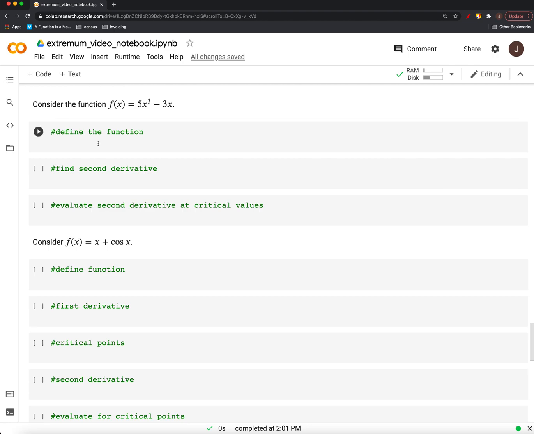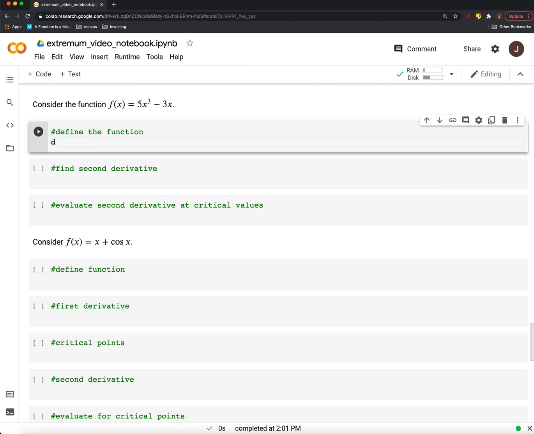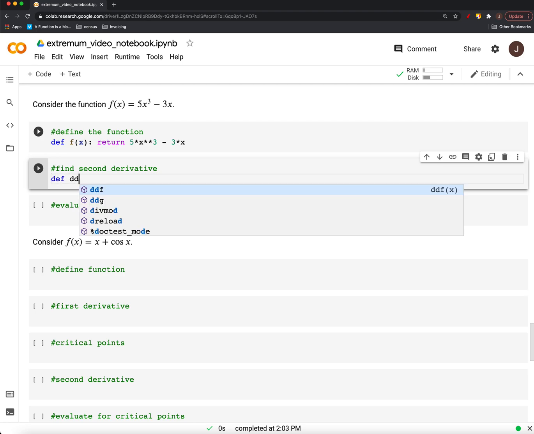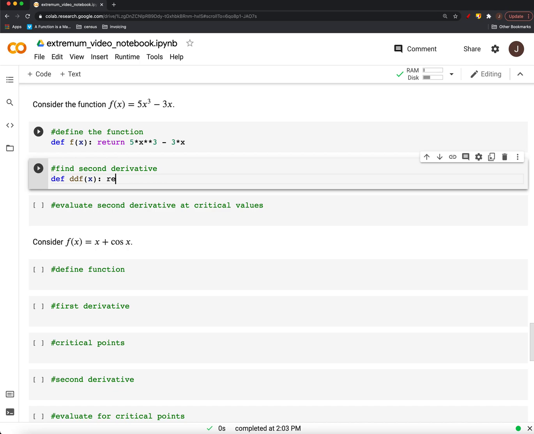Just to verify, we can define our function. Then define the second derivative; call this ddf. And that was 30x.